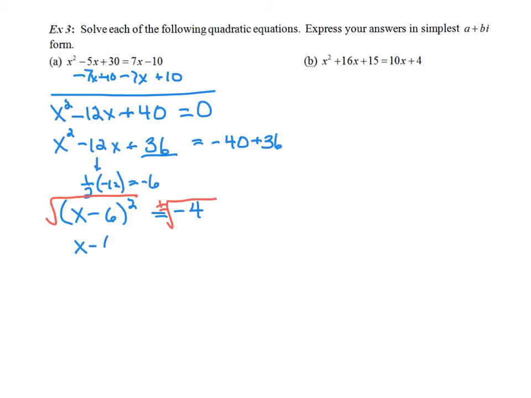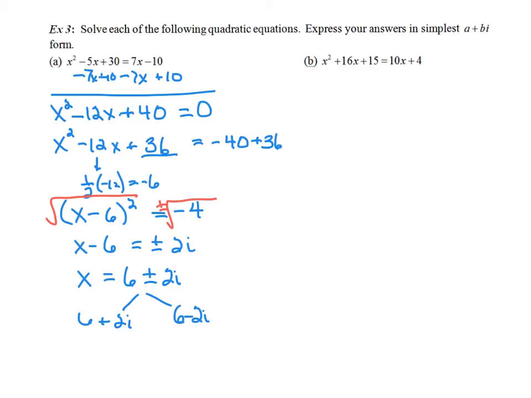So we get x minus 6 is equal to plus or minus 2i. Adding 6 to both sides, my solution would be x is equal to 6 plus or minus 2i. Two solutions, 6 plus 2i, 6 minus 2i. Again, these solutions are complex conjugates.